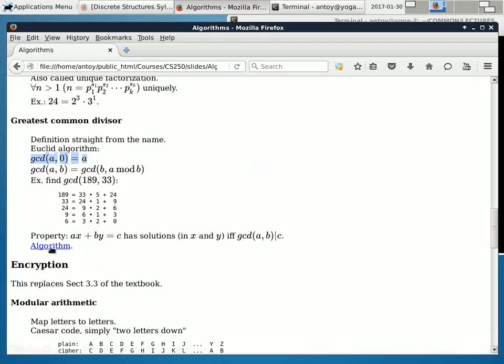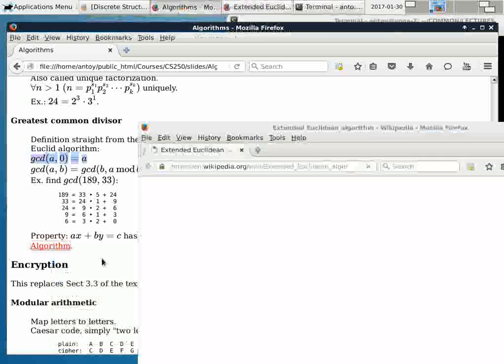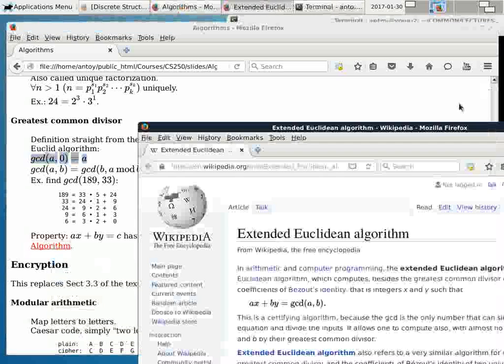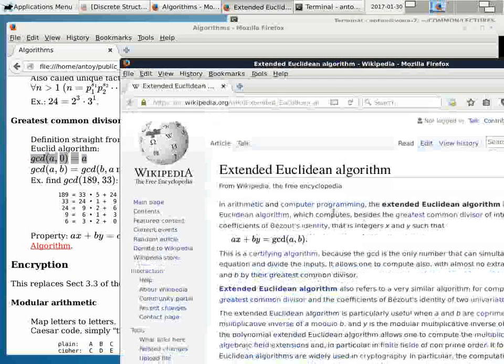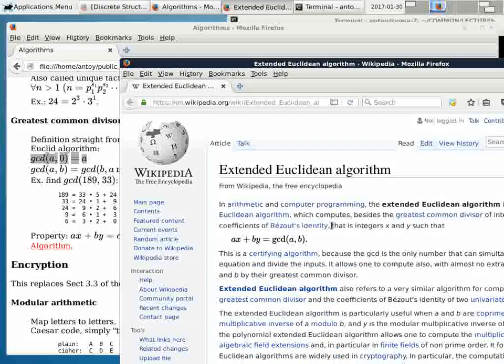Here it is. If you click here, you get this one, which is called the Extended Euclidean Algorithm, that says that you can find x and y such that ax plus by is the greatest common divisor.